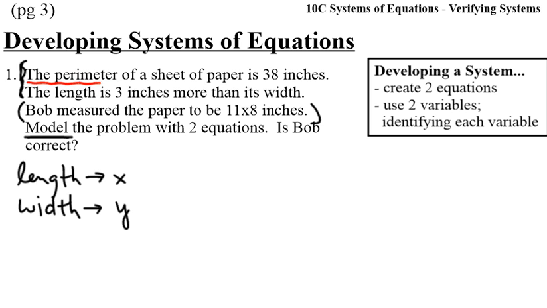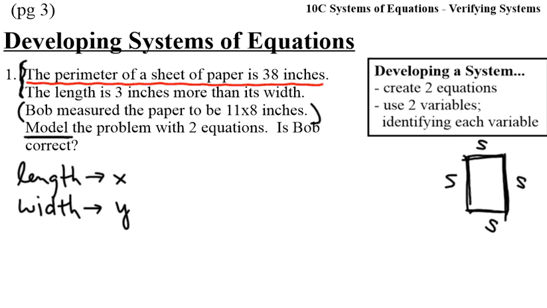Well, here's the first bit. Perimeter of a sheet of paper is 38 inches. If you have a sheet of paper, what's important? Perimeter is adding up all the sides. You have to add all four sides. So in this case, the perimeter is the length, and we have two lengths.